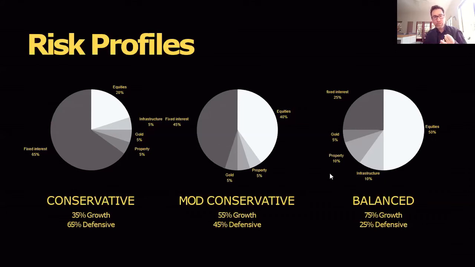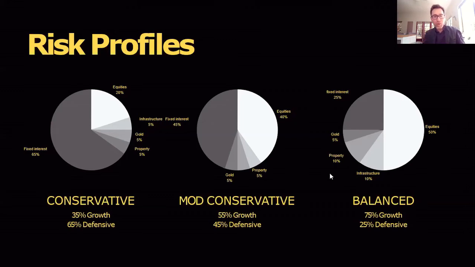Property, infrastructure, gold, those sorts of asset classes are considered growth, but on some of them can be a little bit defensive. They can behave defensively depending on their correlation with the share market.